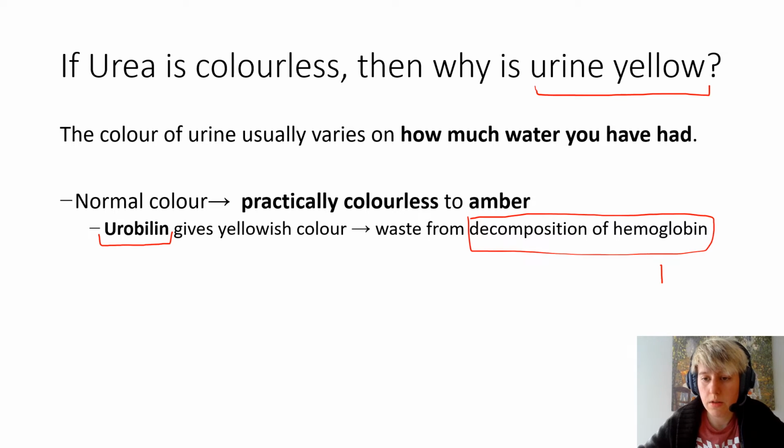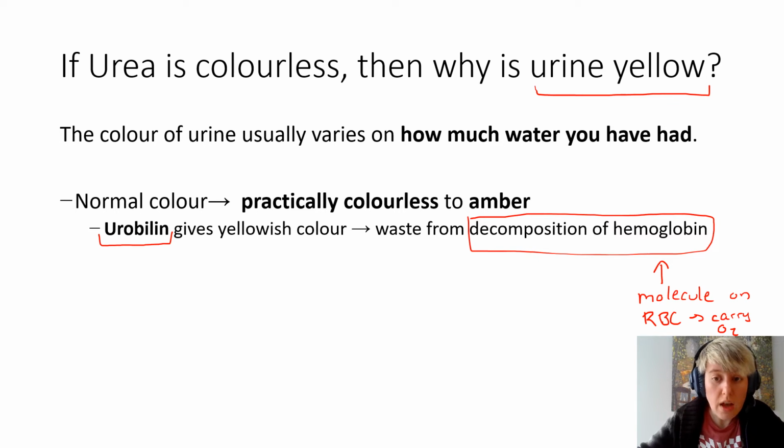So remember hemoglobin, this is the molecule on red blood cells to allow it to carry oxygen. So the yellowish color is due to the waste product of the breaking down of hemoglobin, and the molecule is urobilin.